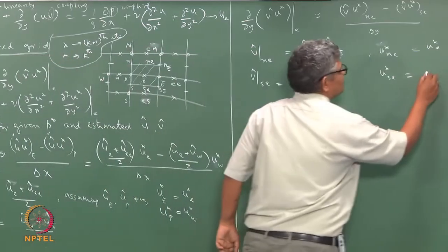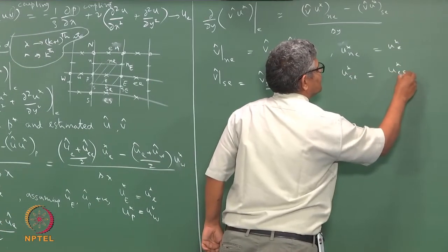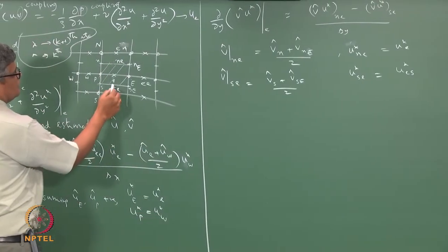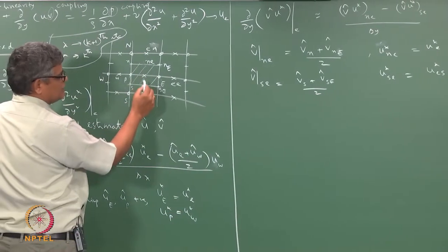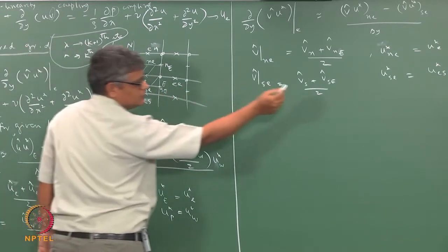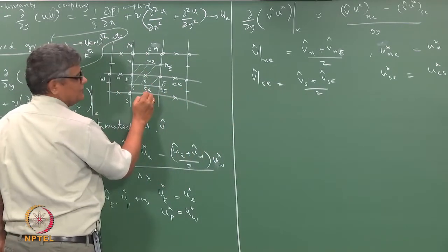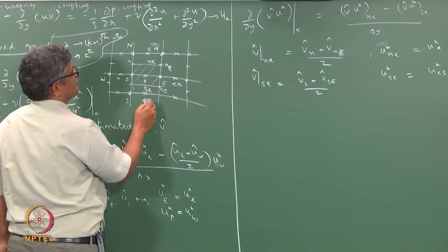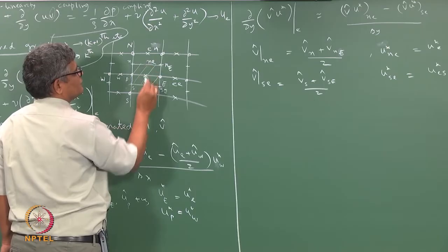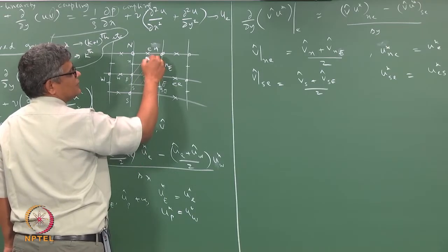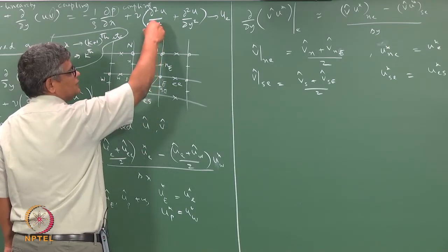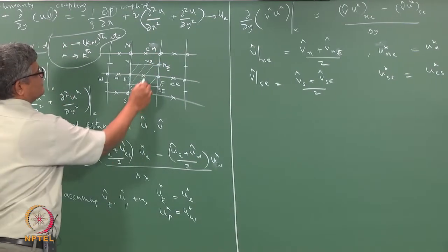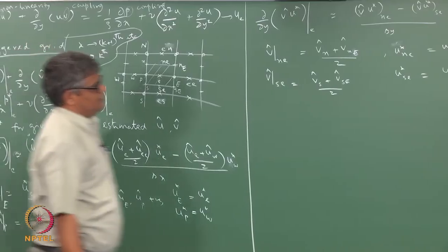So this is equal to U star ES. Okay. So if the flow is coming in this direction, the value of U star that it is bringing is from the immediate downward neighbor, which is U star at ES. And similarly at this point here, the flow is coming in this direction, so it cannot be bringing the value from this direction, it can only bring in the upwind direction, that is UE star here.